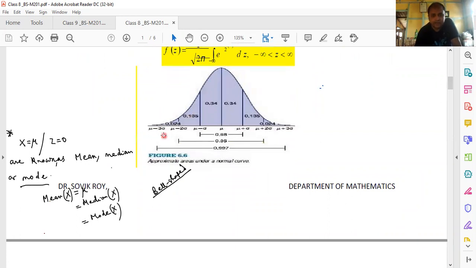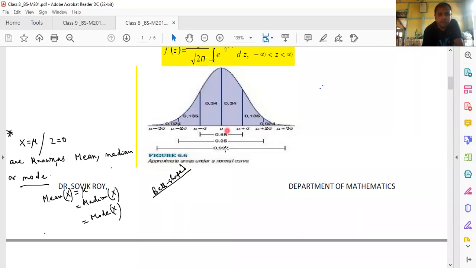In this figure, I have written x equal to mu, and some other points have been shown: mu minus sigma, and at an equal distance mu plus sigma; mu minus 2 sigma and mu plus 2 sigma; mu minus 3 sigma and mu plus 3 sigma.